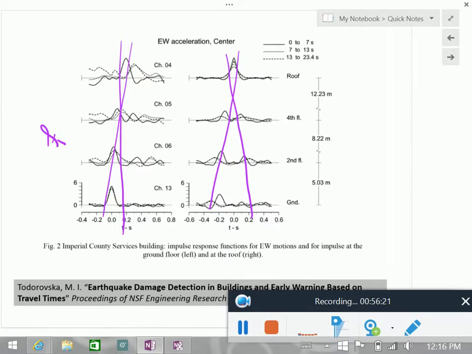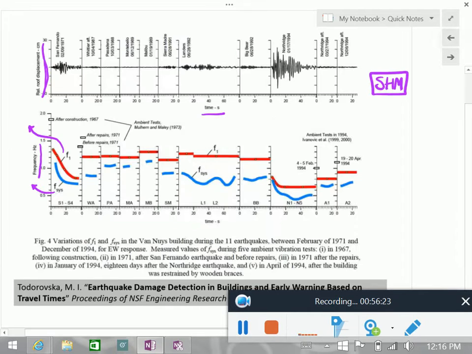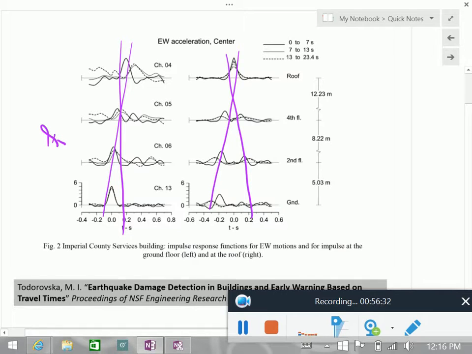It's not coming from resonance. F6 is the resonance. F1 is kind of the equivalent resonance frequency, which comes from looking at how the waves are propagating inside the building. And the argument is that it's a better measure for structural health monitoring.